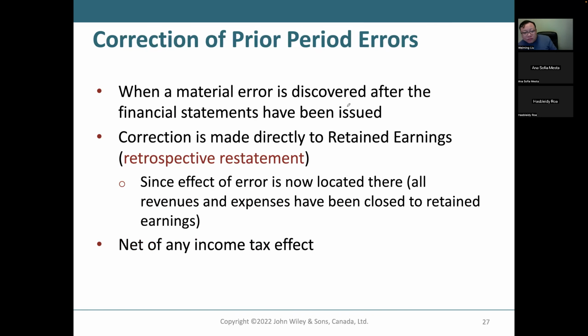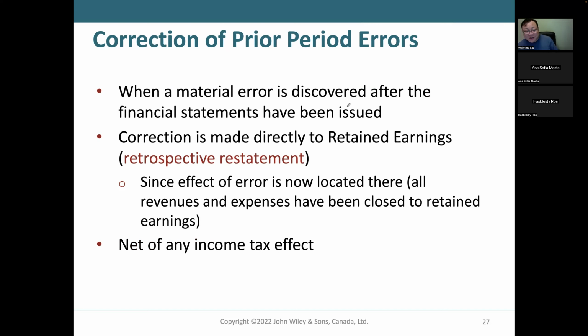Okay. The third one is error. We are human beings. Sometimes we make mistakes and we are not able to catch them right away. Let's say last year, there is a dollar amount of 68,000, but you mistakenly write it down as 86,000.